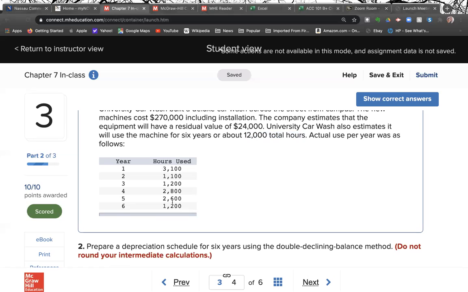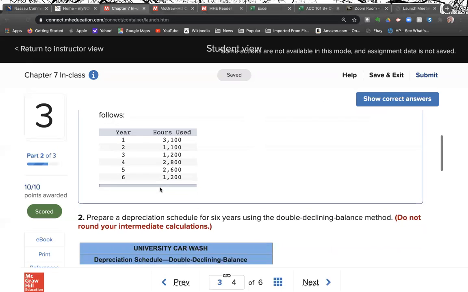They're 3,100 the first year, 1,100 the second year, 1,200 the third year, 2,800 the fourth year, 2,600 the fifth year, and 1,200 the sixth year. So if you add all these together, it'll add up to 12,000. So notice some years they use the machine more than others, right? I mean, obvious from what you see.